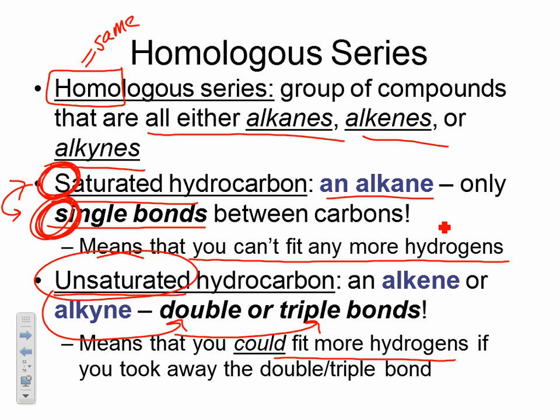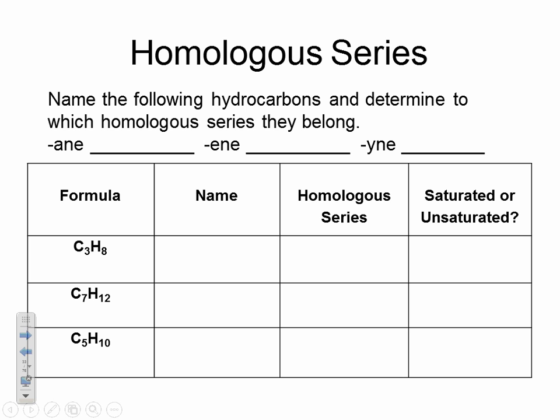It's not yet full with hydrogens. It would be possible to add more hydrogens onto that carbon chain if you took away the double or the triple bond and you made it a single bond instead. So using this, and tables P and Q, we can name these compounds and determine their homologous series and work out if they're saturated or unsaturated.